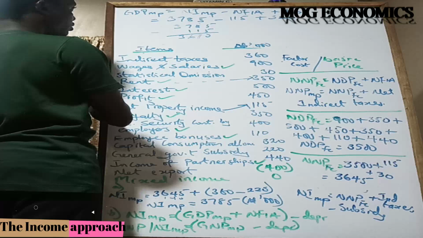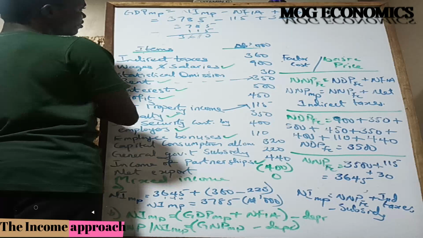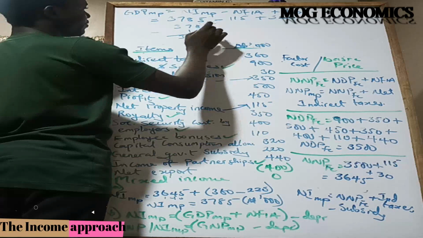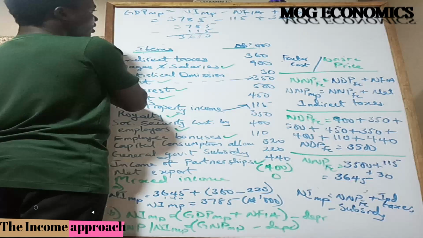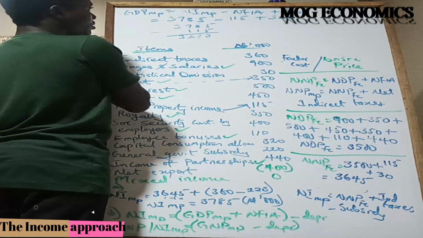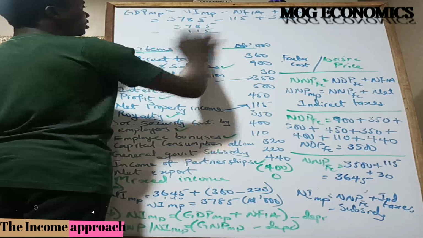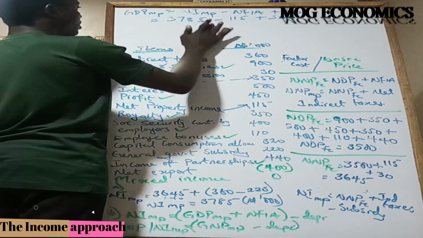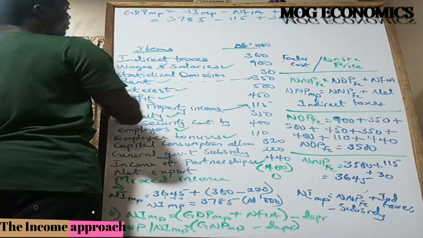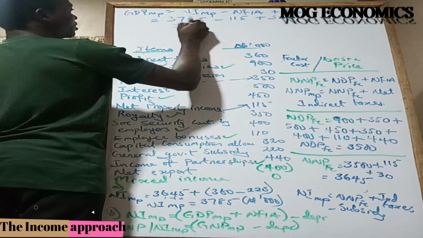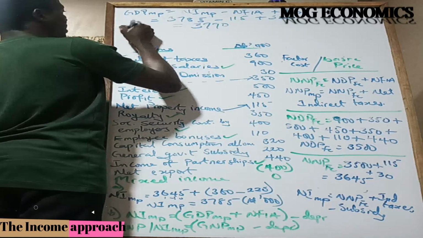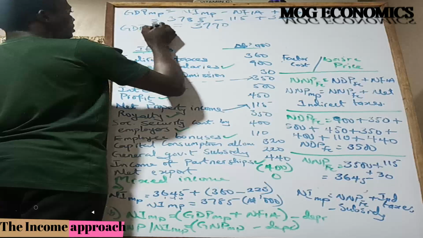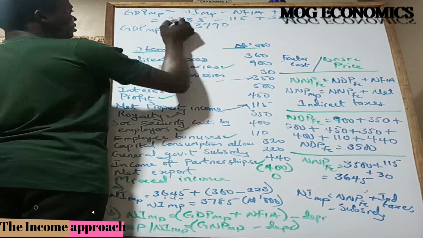So 3670 plus 320, that's 3990. So that's the answer for our GDP at market price.